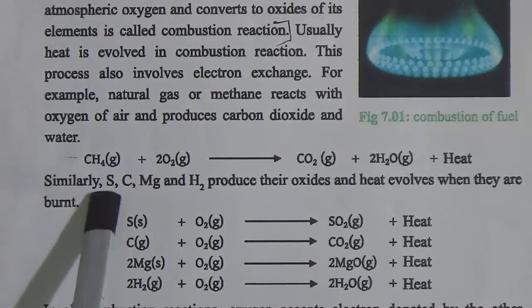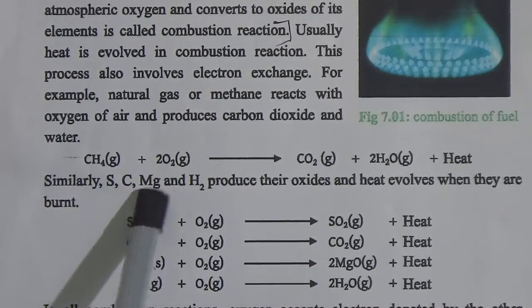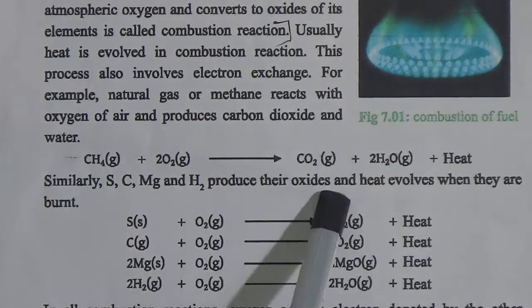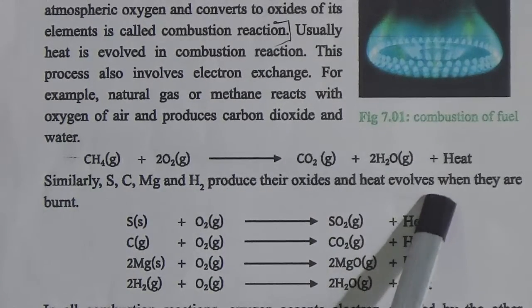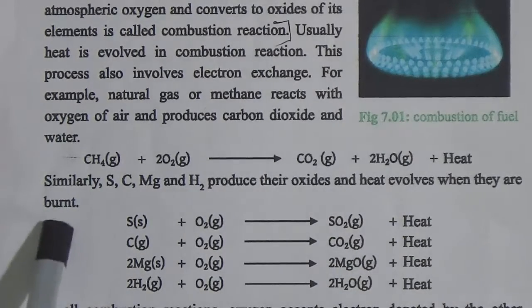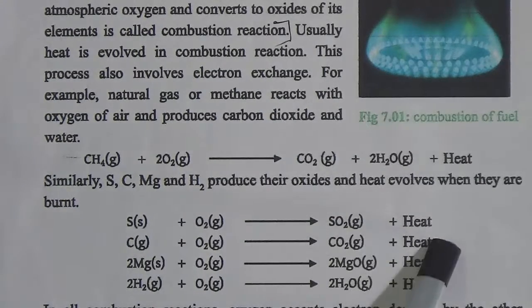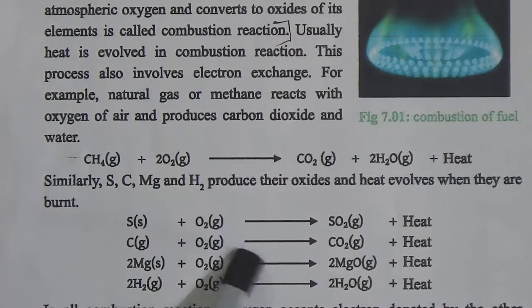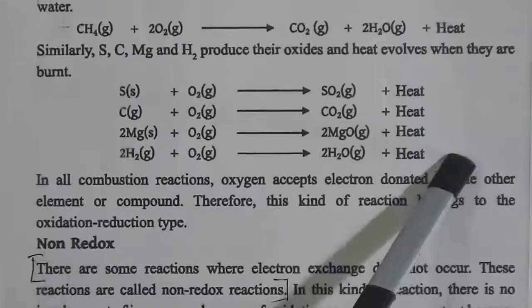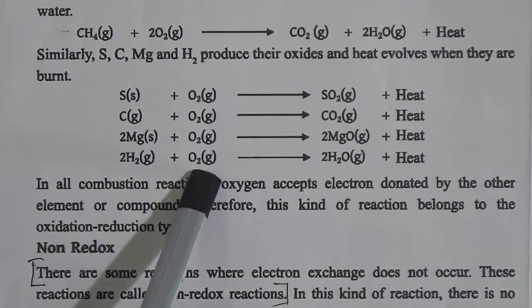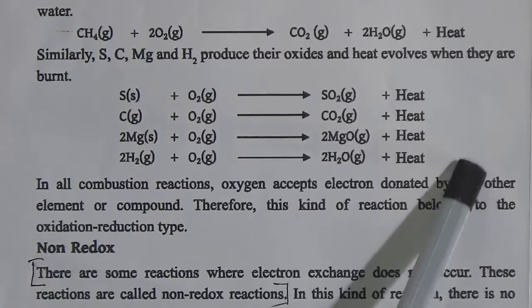Similarly, sulfur, carbon, magnesium, and hydrogen produce their oxides, and heat evolves when they are burned. Sulfur plus oxygen gives sulfur dioxide plus heat. Carbon plus oxygen gives carbon dioxide plus heat. Magnesium plus oxygen gives magnesium oxide plus heat. Hydrogen plus oxygen gives water vapor plus heat.